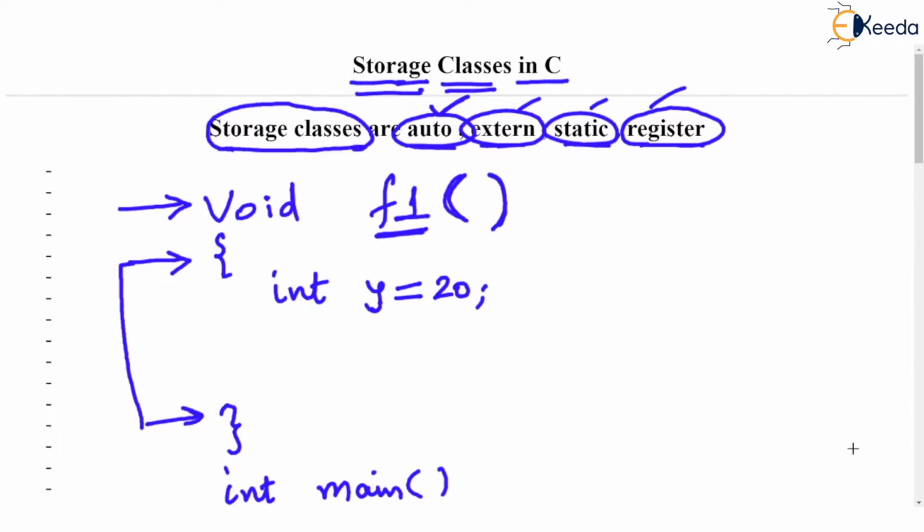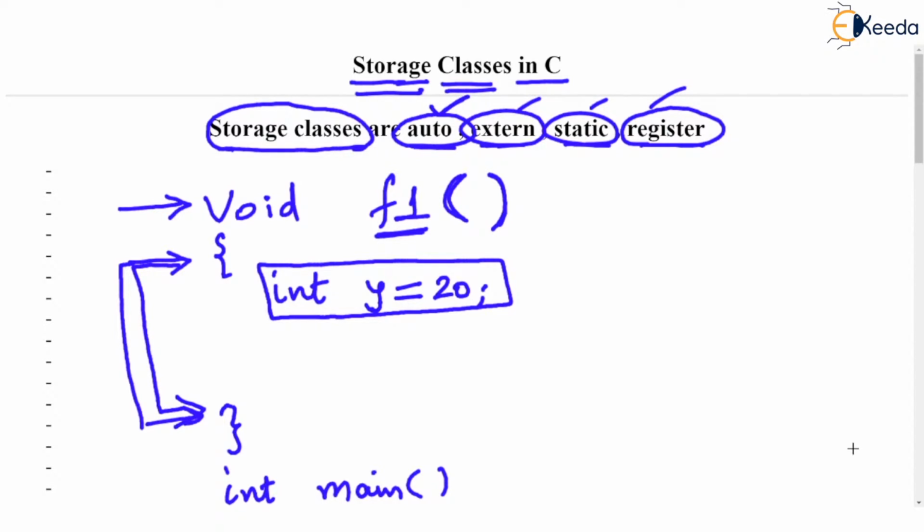Now inside these curly braces, we have declared a variable. This is the declaration of a variable where y is a variable of type int and it has the value 20. The rule about this variable is that it can be used only, check very carefully, only within the scope in which it has been declared.